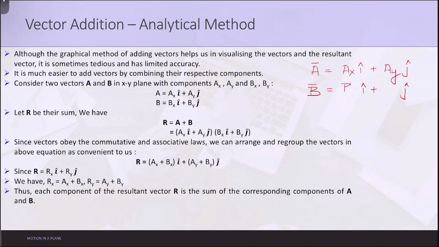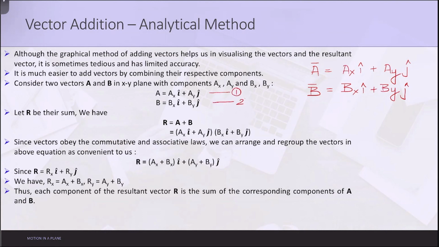In this place we write bx, and in this place we write by. Because I cap is in the x direction, we write the magnitude as bx. Similarly, j cap is in the y direction, so we write it as by. So we understood these two equations correctly.